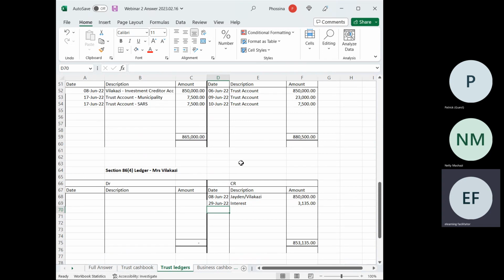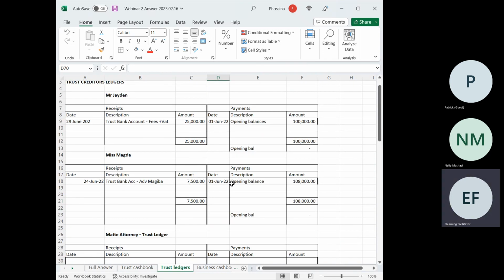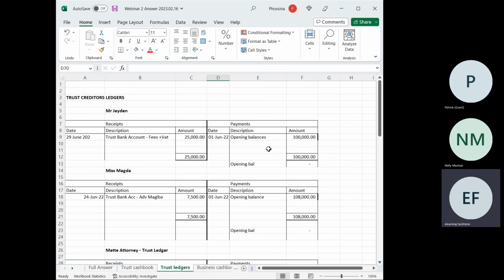So under our trust ledgers, we had Mr. Jaden who had 100,000, which we recorded here, and also Miss Magda with 108,000, which we've recorded here. So that recording will complete our double entry system.